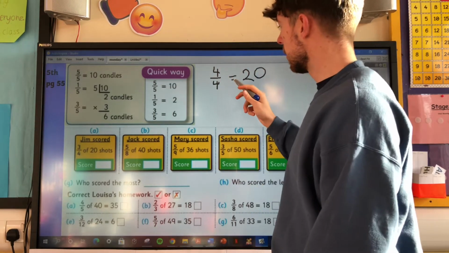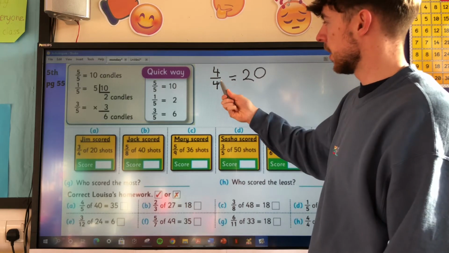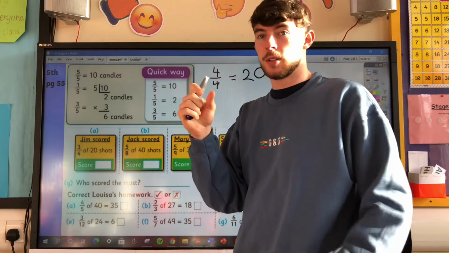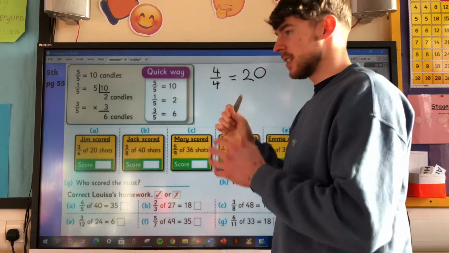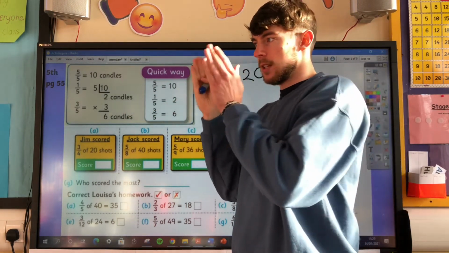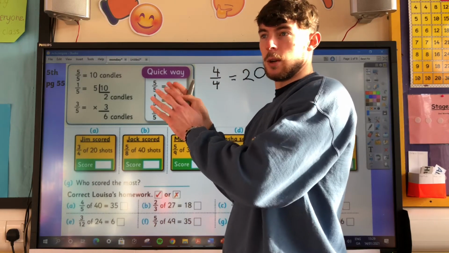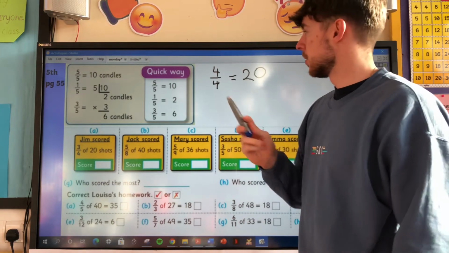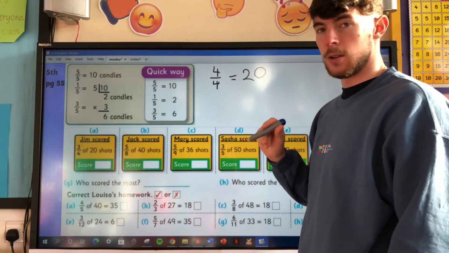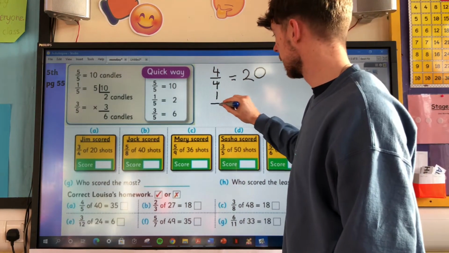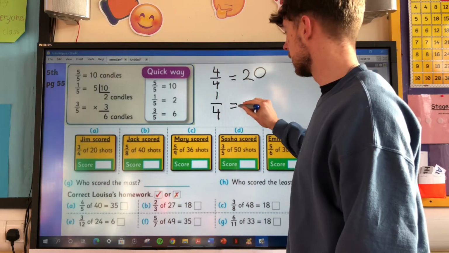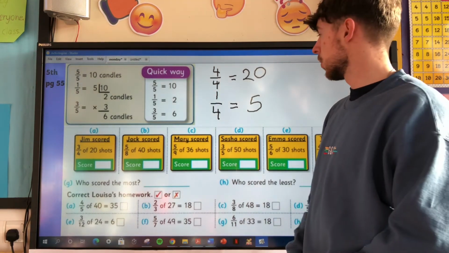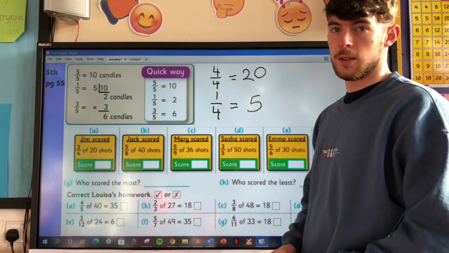How we do that is, if we have 4 over 4 here, we divide 20 into 4 equal parts, quarters. So what's 1/4 of 20? If we divide 20 by 4, we get 5. So 1/4 is equal to 5.